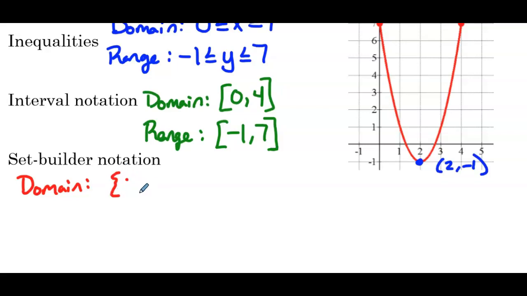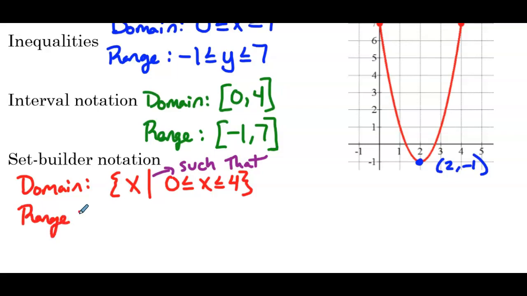Curly bracket, x with a straight line, and then we include the inequality 0 is less than or equal to x, which is less than or equal to 4. The way we read this is: the domain is all x values such that 0 is less than or equal to x, which is less than or equal to 4. This straight line we read out loud as "such that."